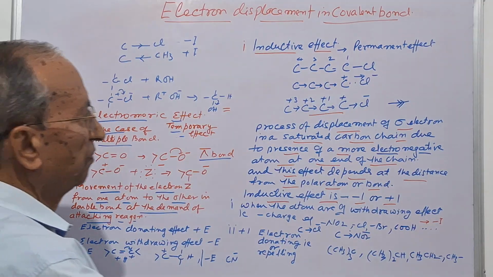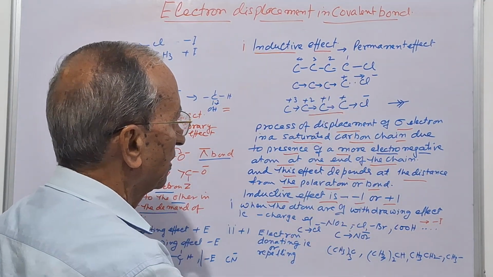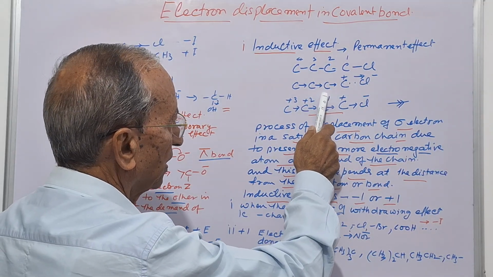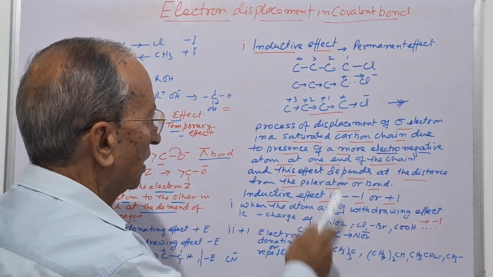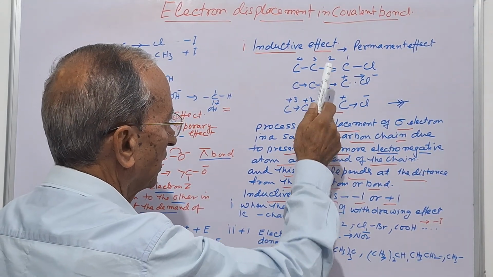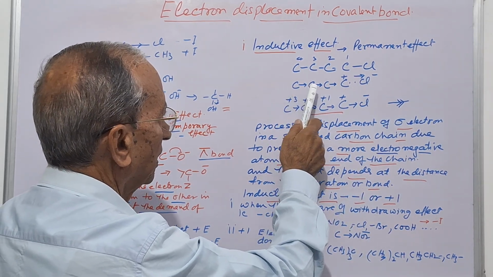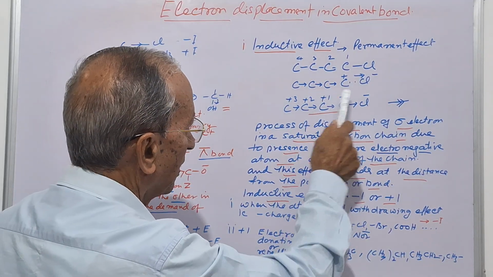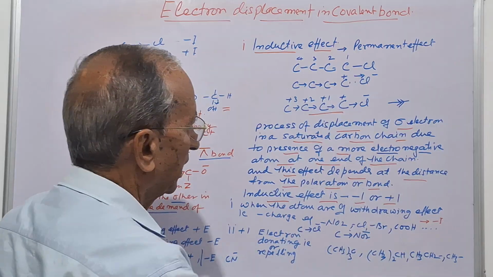To make up the deficiency of carbon atom 1, carbon atom 2 gives electrons to carbon atom 1, and in the same way carbon atom 3 gives electrons to carbon 2, and carbon atom 4 gives electrons to carbon atom 3. So subsequently the force of attraction will be toward the chlorine atom.